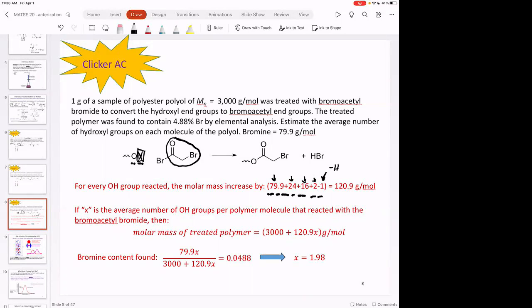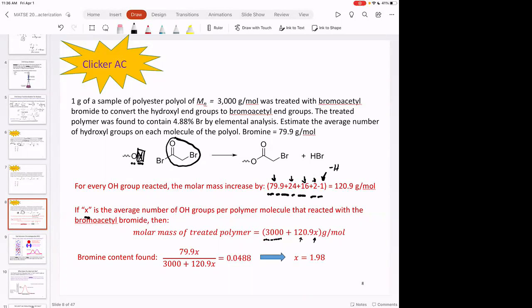So now we have an unknown, right? So let's make X the average number of OH groups per molecule that reacted with the bromine functionalized N group reagent. And so now we have a new molecular weight, which is 3,000, our original Mn, and then we're going to add the number of N groups times how much the mass increases. Great.